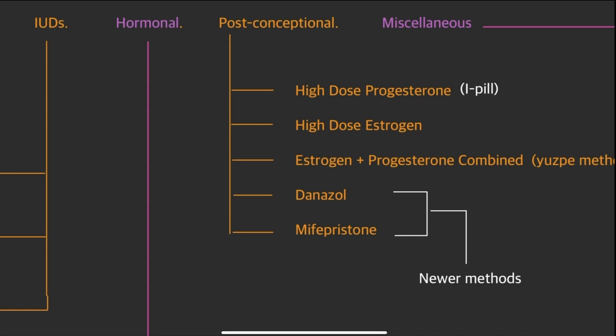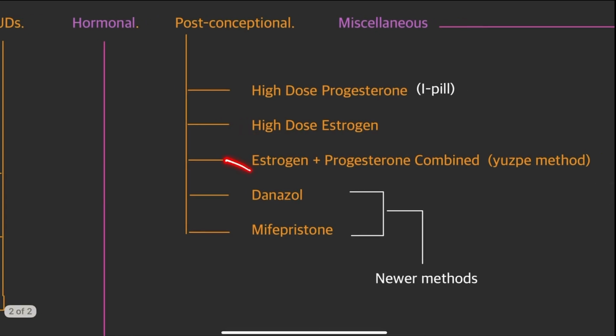Then we have high dose estrogen. Then we have estrogen plus progesterone combined, and that is the USP method. Then we have danazol and mifepristone. Both these are newer methods.